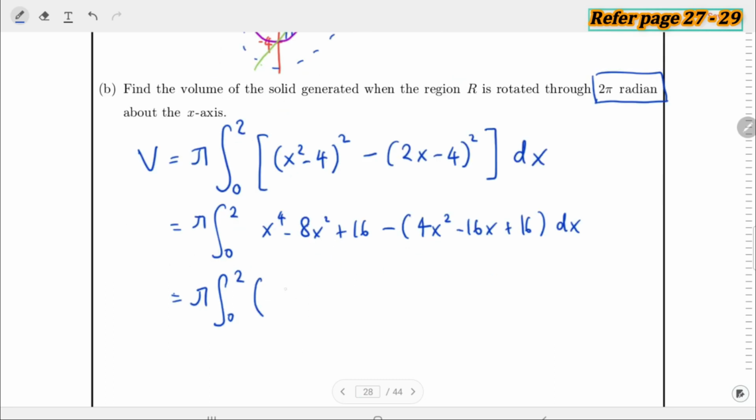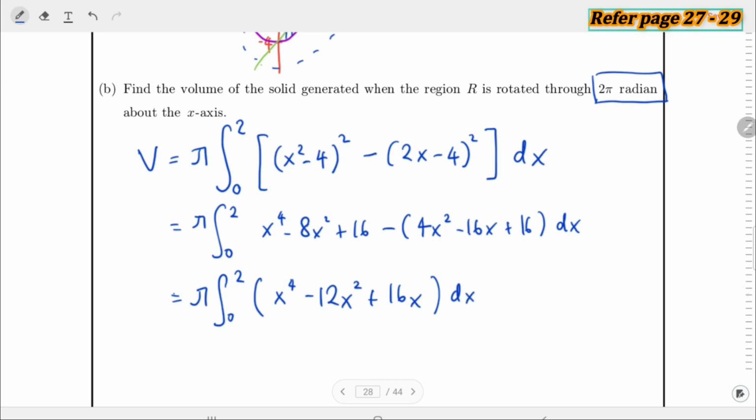So x to the power 4, and then x squared, negative 8 minus 4 is negative 12x squared, plus 16x. So these are the only terms left.